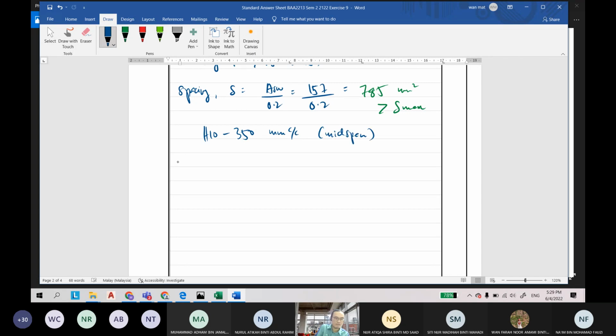So check the shear resistance of the minimum link.